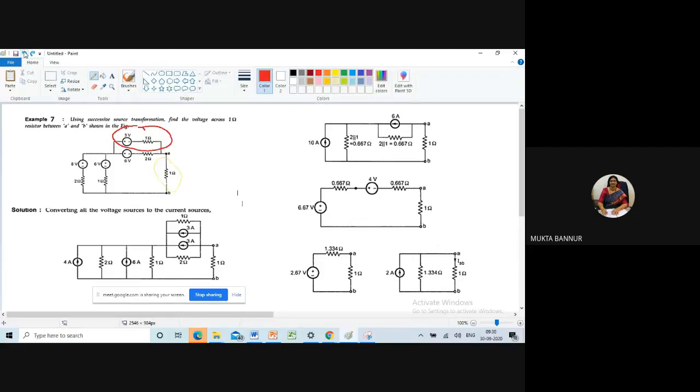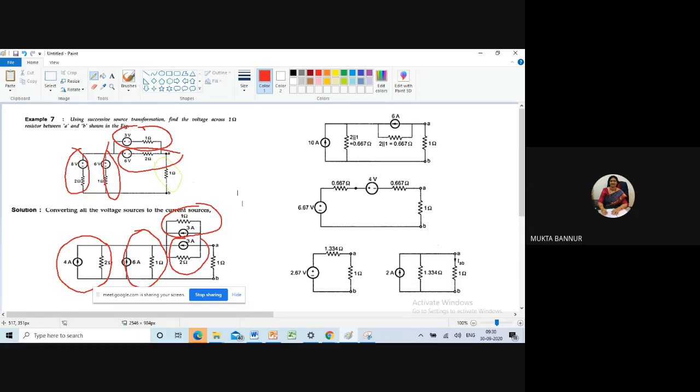So this is replaced by this current source, and this is replaced by this current source. This is replaced by this current source, and this has been replaced by this current source. All 4 voltage sources have been replaced by their equivalent current sources, and they are arranged as shown in the figure. Now, if a number of current sources are connected in parallel, they can be replaced by a single current source.